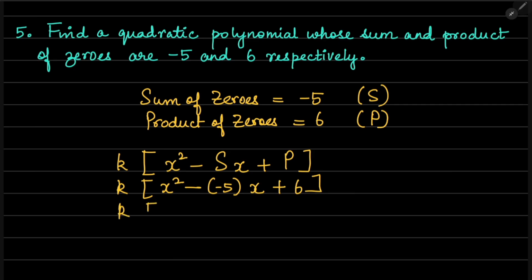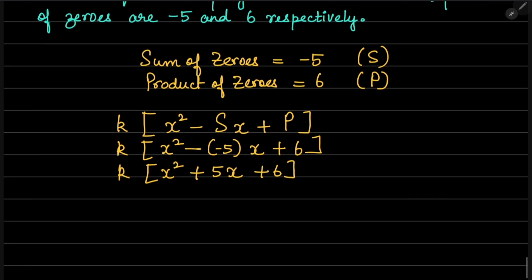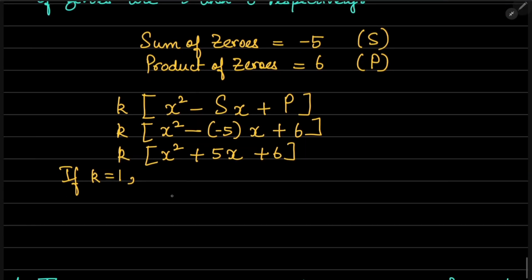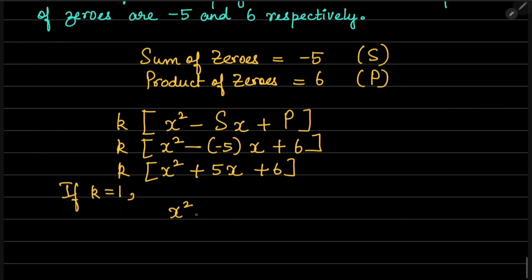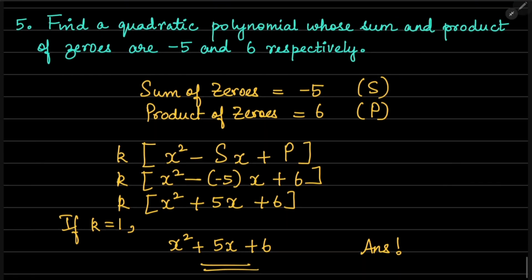So k multiplied by x square minus into minus plus 5x plus 6. And when k equal to 1, the quadratic polynomial will just be x square plus 5x plus 6. And that's your answer. Very easy. If you know the sum and the product of the zeros, you can directly write the quadratic polynomial.